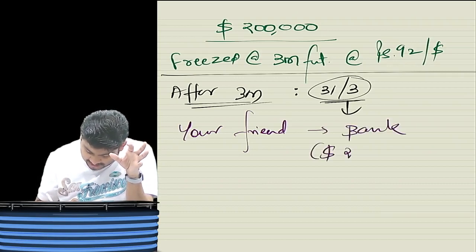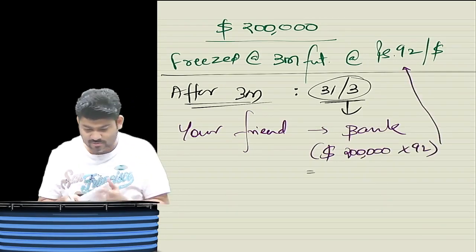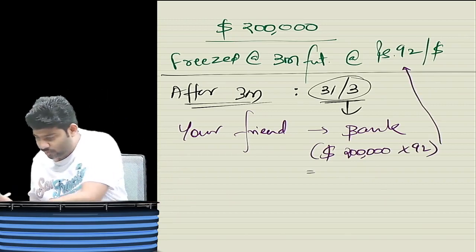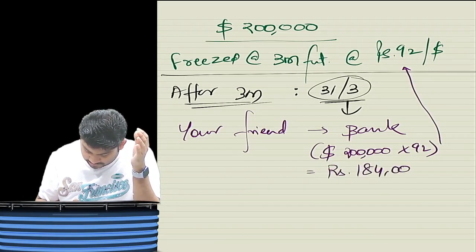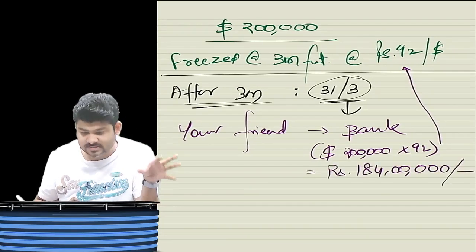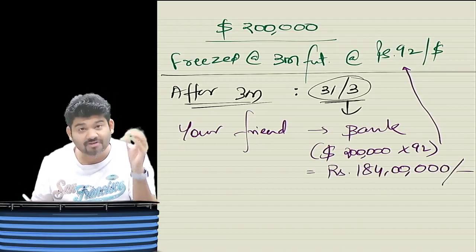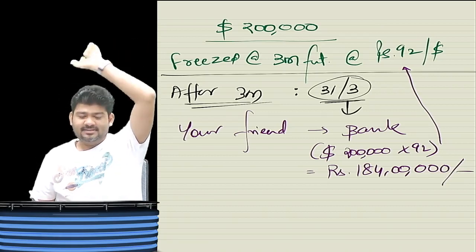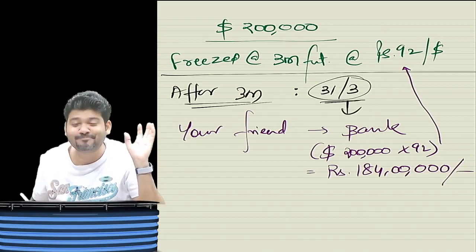He will take $2 lakh multiplied by 92, the freezed amount, which is 2 lakh into 92, that is 1 crore 84 lakhs. This is the amount that your friend will take to the bank and give to the bank. Am I right?